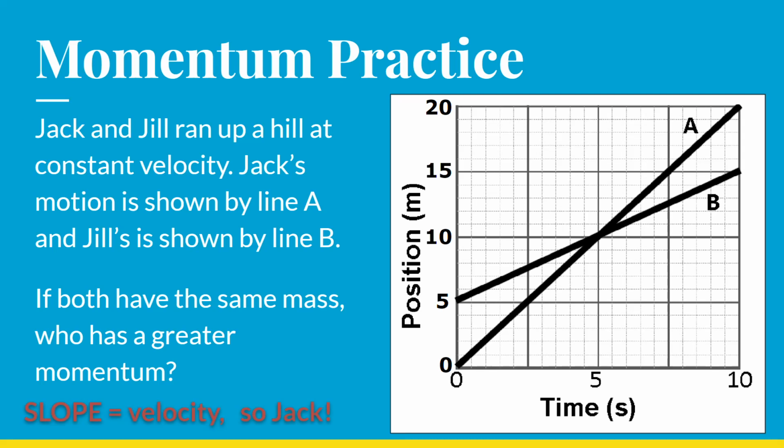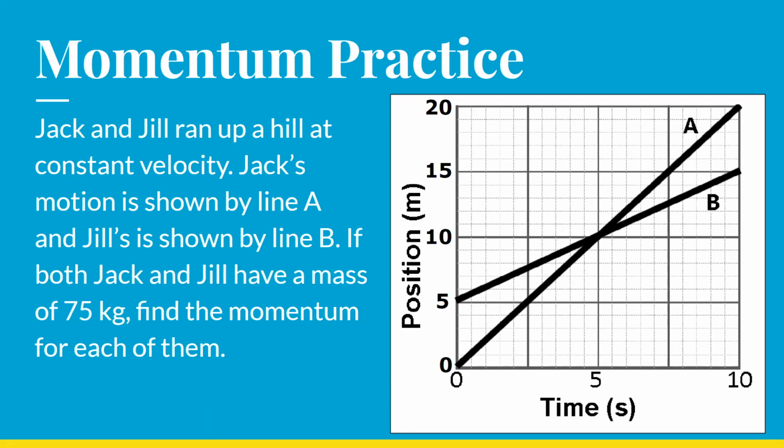Okay. All right, here, let's put some numbers to it. Same scenario. If both Jack and Jill have a mass of 75 kilograms, find the momentum for each of them. You guys just told me that the slope represents the velocity. The steeper slope is faster, but you can also get a number value for that slope. For line A, again, slope is rise over run. A is easy because it goes through the origin.